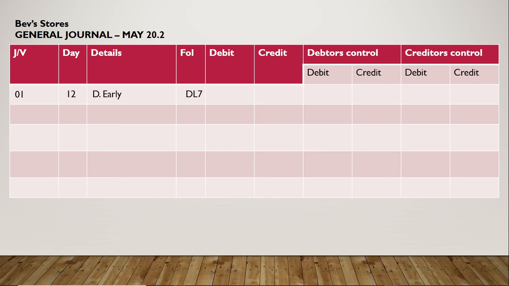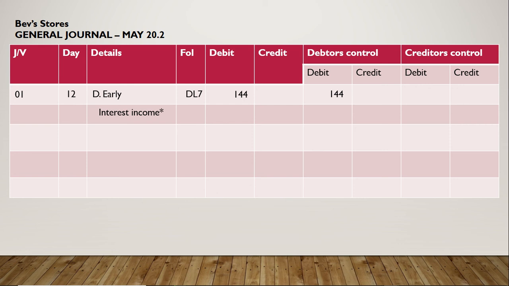Because DLE is a debtor, our debtors control will also be affected, and it will be increasing on the debit side. Interest income is actually income, as the name says. So income increases on the credit side. Besides the fact that we have earned income on that 3,600, we are going to earn more income by charging this person interest.